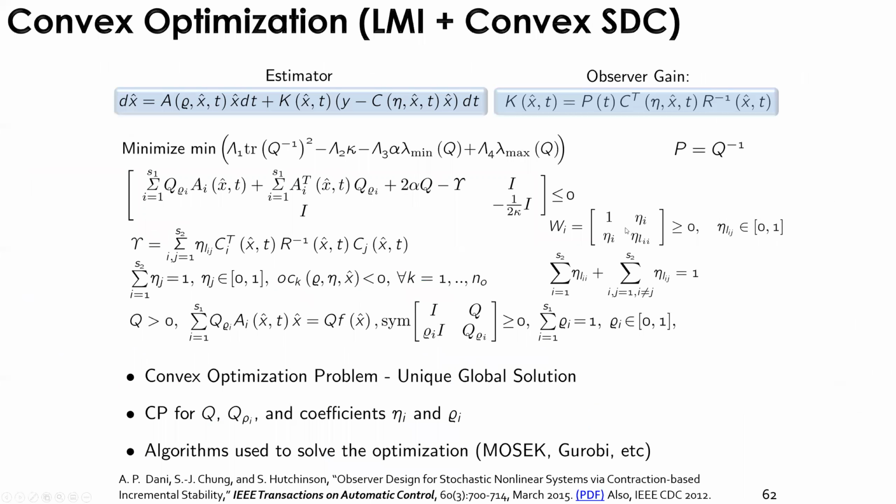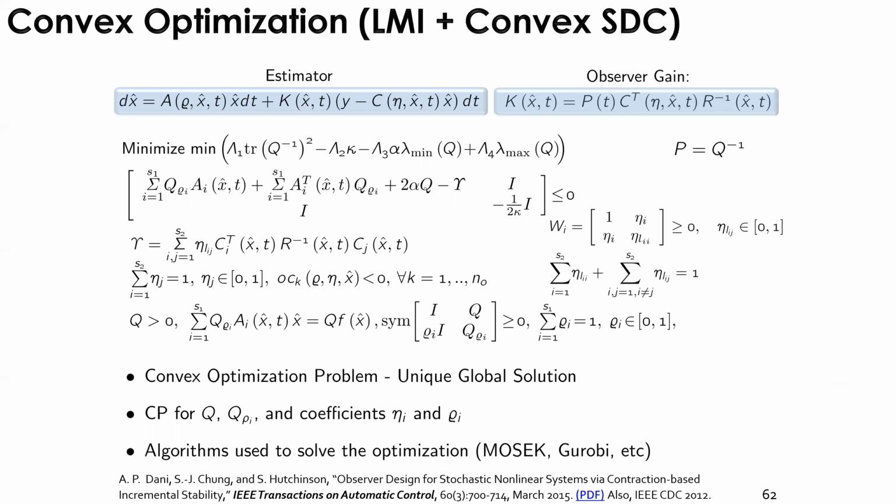This is now a convex optimization problem where you minimize the mean squared steady state error, while making sure it satisfies a certain LMI constraint coming from your deterministic stability theorem, and a bunch of other constraints, because you have a gain multiplied by this Q matrix here. It's actually bilinear, so it's a bi-matrix inequality, and not perfectly convex, so you have to use some relaxation to turn this into a convex optimization problem.